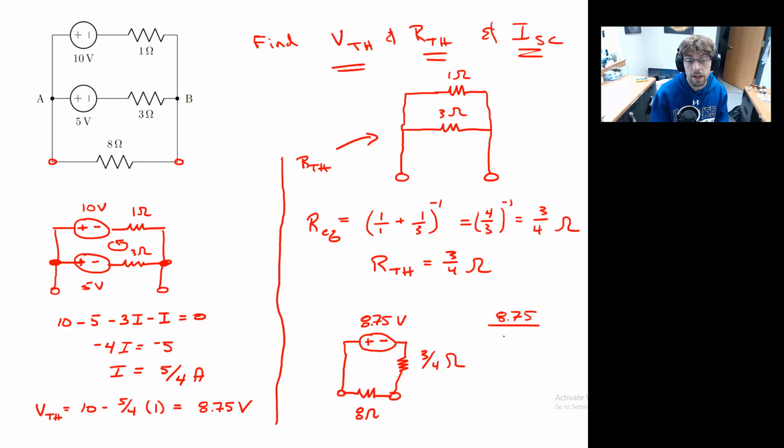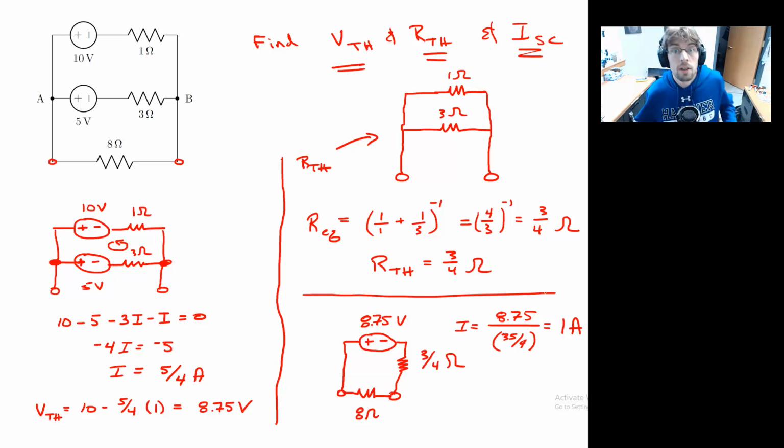So if I find a common term, 32/4 plus 3/4, so I get 35/4. That's the current. And of course, the eagle eyes among you realize that that's just 1 amp, which we knew from our previous things. So fortunately for us, all of the stuff fits nicely together. Cool, huh?